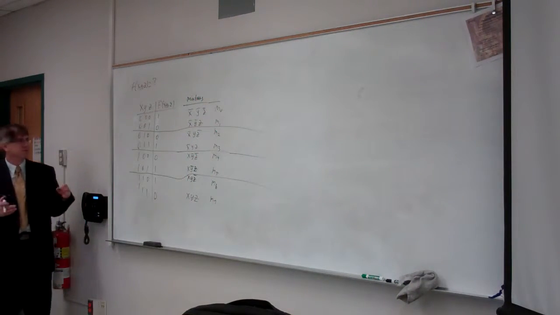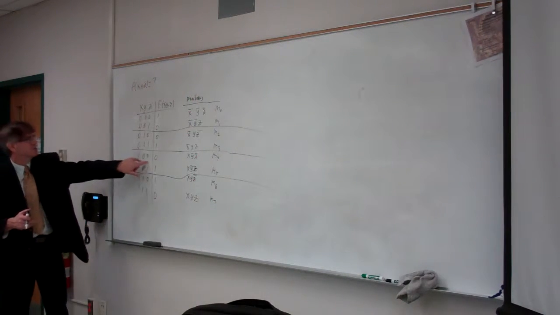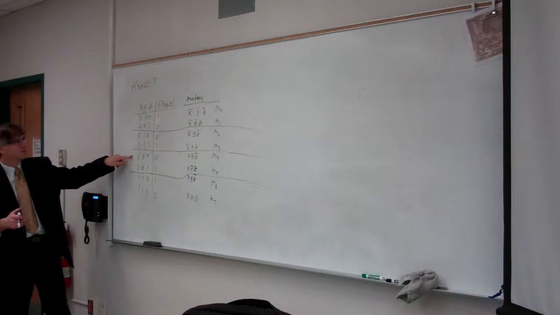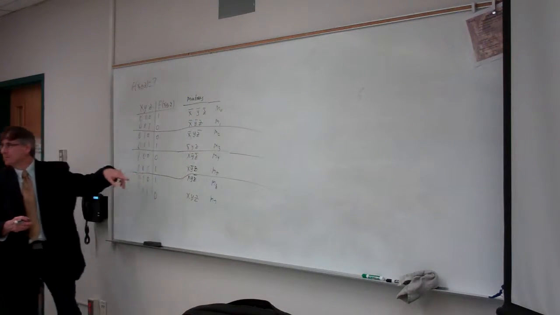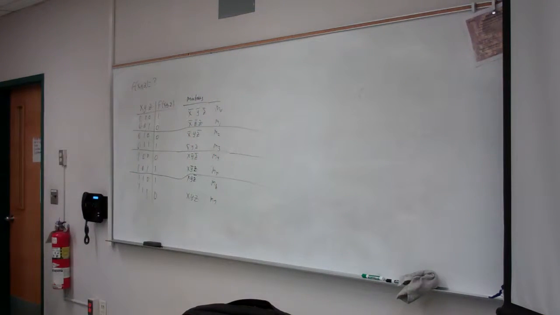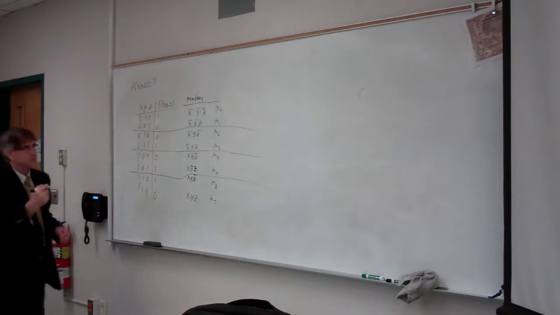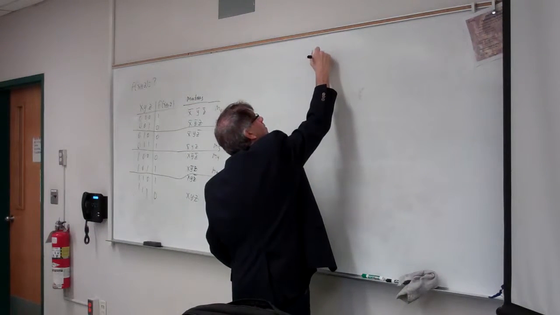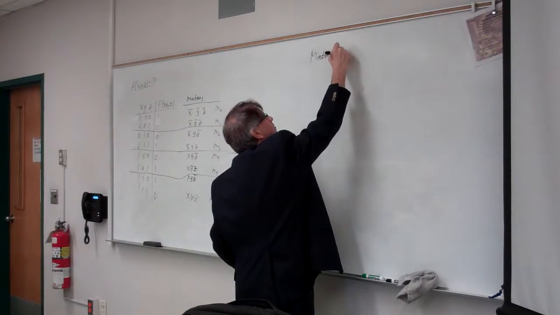And the row number is just what this number is in decimals. So this is the number 4, this is row 4, this is minterm 4. Okay, here's the intuition.